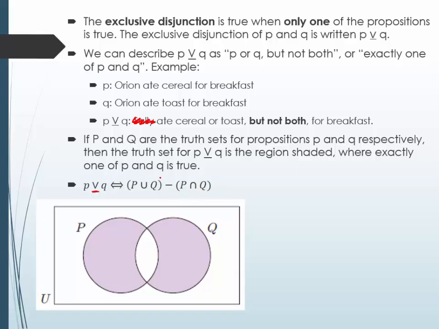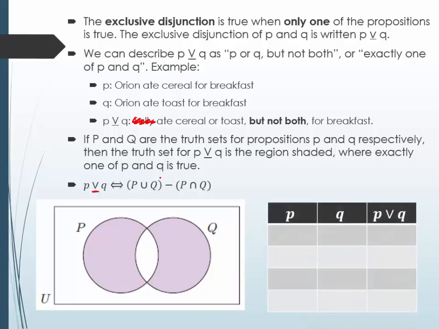The union minus the intersection. And once again, that's supposed to have an underline. True, true, false, false, true, false, true, false. And then false, true, true, false. There it is. Kind of like that.